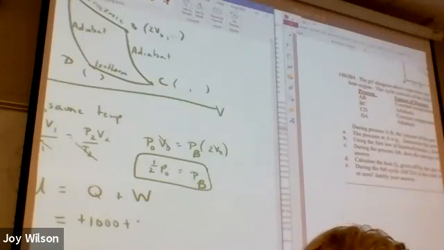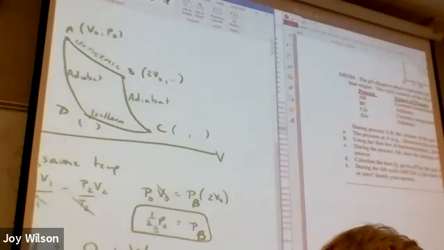Okay? They ask me to figure out the work done. Determine the work. Well, that must mean I know what delta U is. How can I find that? Hey, that's one of those other formulas I said we might need. What is our temperature at point B?